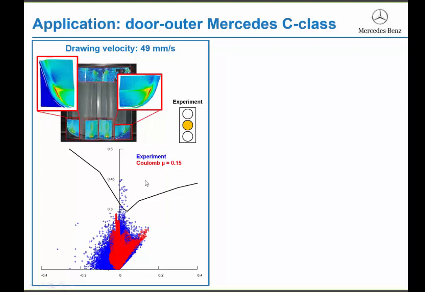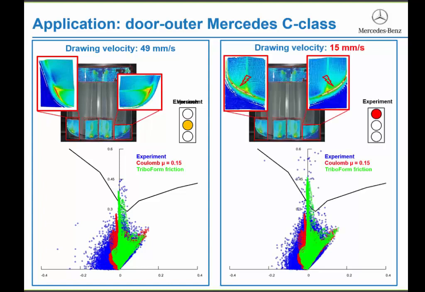If we do this with Triboform, then we find the green forming limit diagram, where you see that the outcome is more critical compared to the Coulomb 0.15 case. So the results are now exceeding the forming limit curve. And if we now decrease the velocity, from 49 millimeter per second to 15 millimeter per second, then first of all, the results will become more critical.